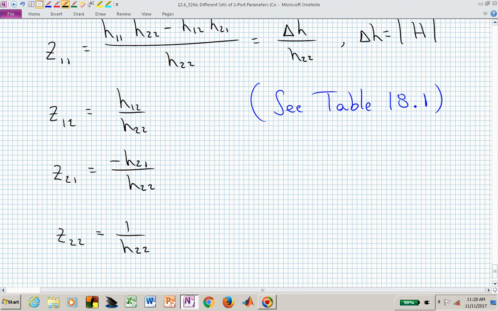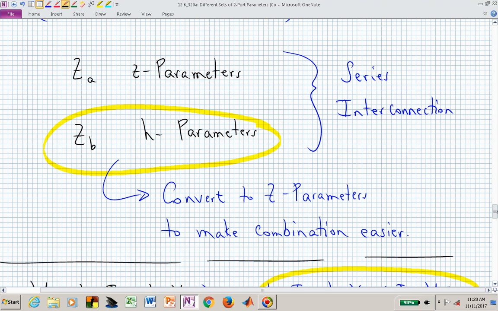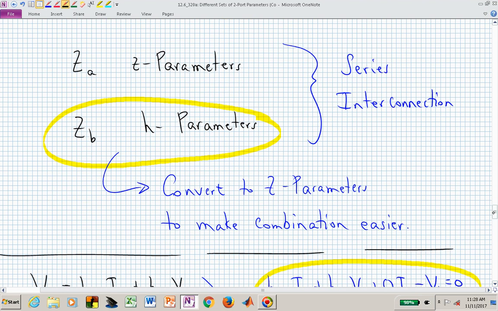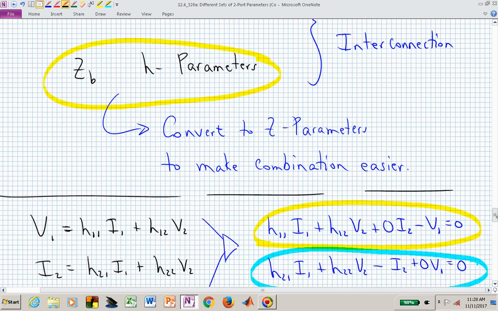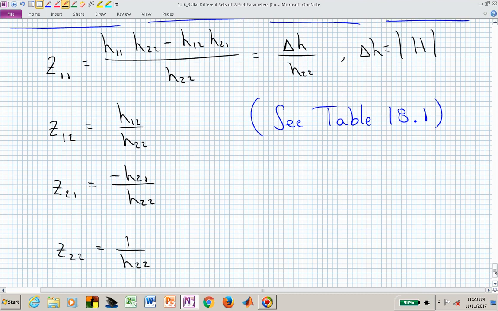And those are now the Z parameters expressed in terms of the H parameters, which tells us that if somebody was trying to combine two ports in a series interconnected way, and the bottom 2 port was expressed in terms of H parameters, and if that 2 port actually possessed Z parameters, then we could find those Z parameters in terms of these H parameters in this way or from table 18.1.